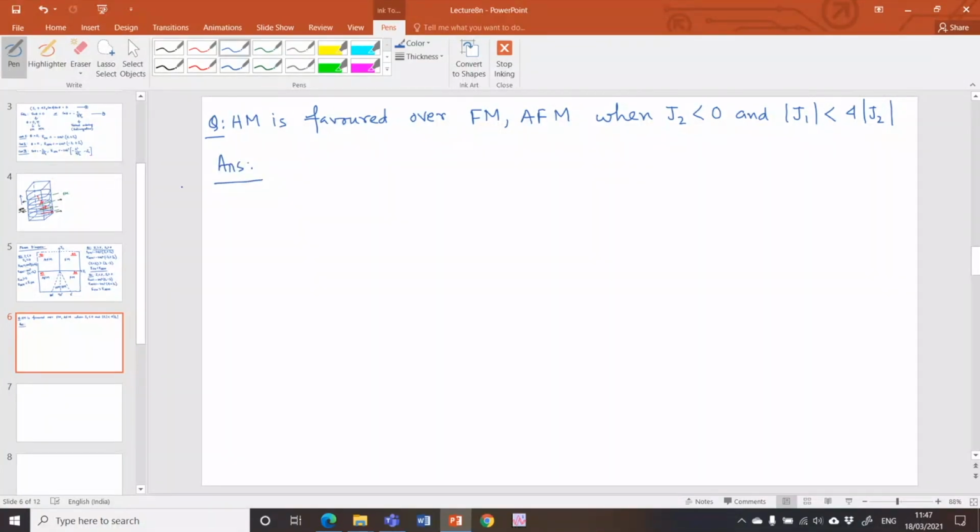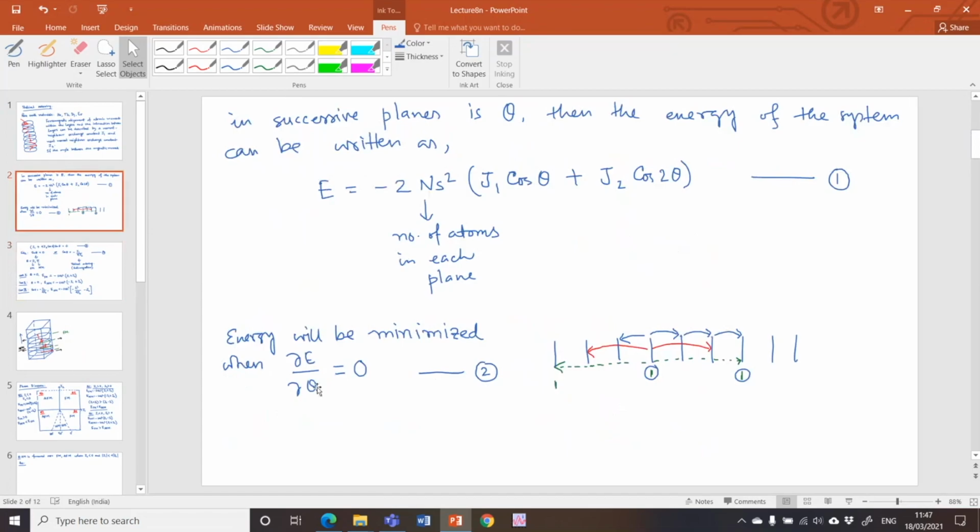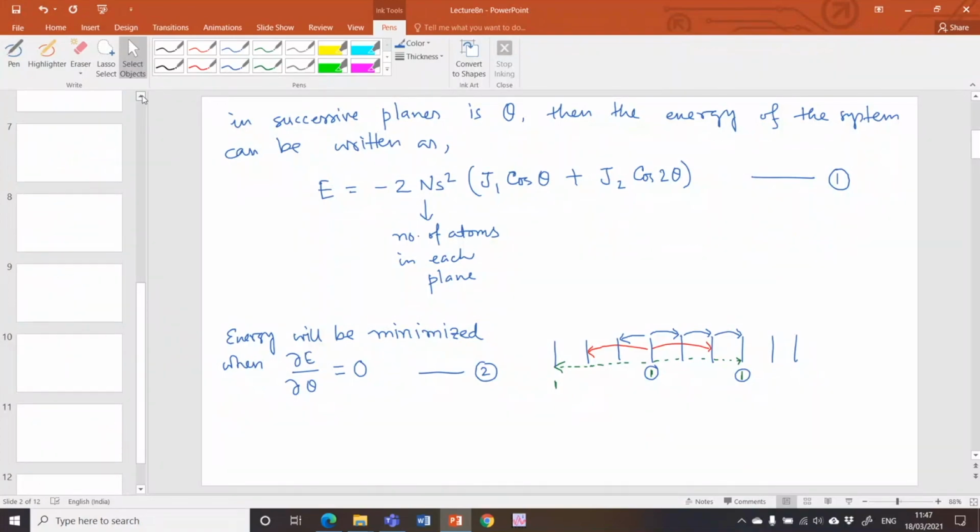So what we have done here, when we got the energy, we minimized it, right? So we did del E del theta equals 0. Now, usually when we have such a situation, we also do something else. What is it?